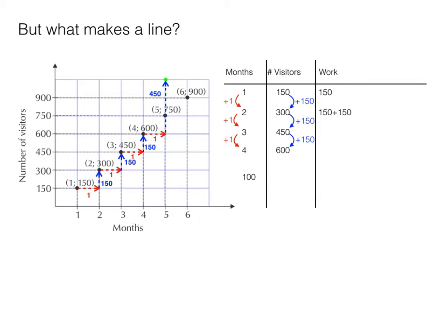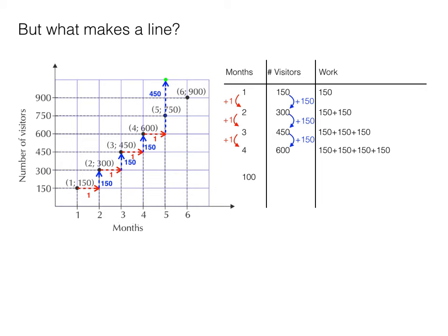Then for the next one, we do 150 plus 150 plus 150, and that gets us our 450. And then finally, for the 600, 150 plus 150 plus 150 plus 150 gets us our 600. So obviously there's a pattern here, and this pattern seems to keep going on forever.